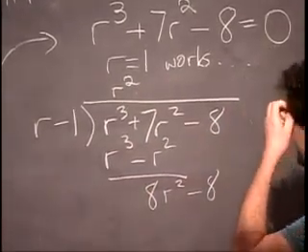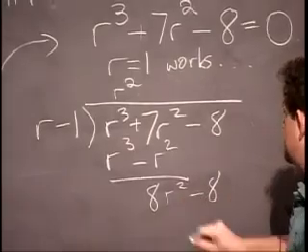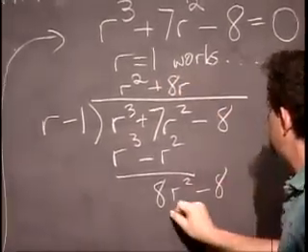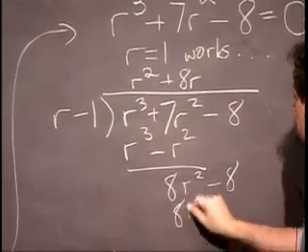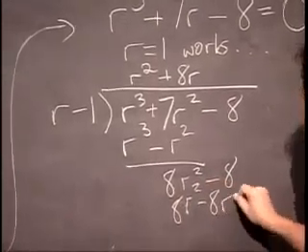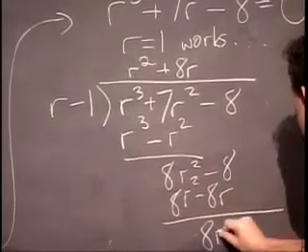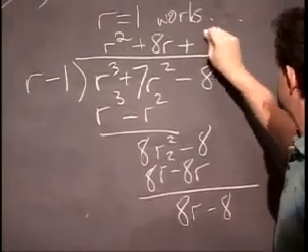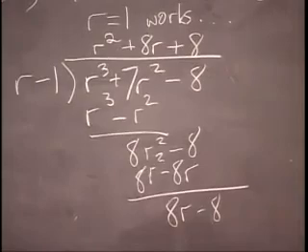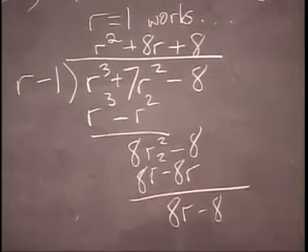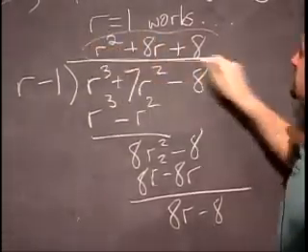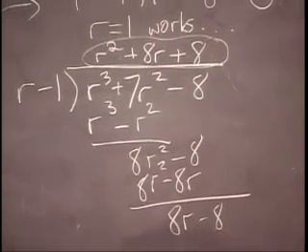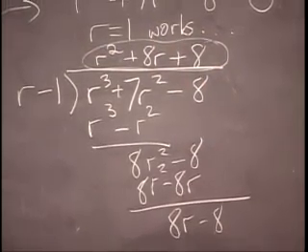Plus 8r. And if we multiply this, we get 8r squared minus 8r. And you get 8r minus 8. So plus 8. r squared plus 8r minus 8. So actually, any factor of this will also work. Well, what are the factors of that?